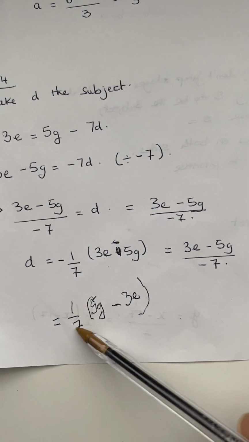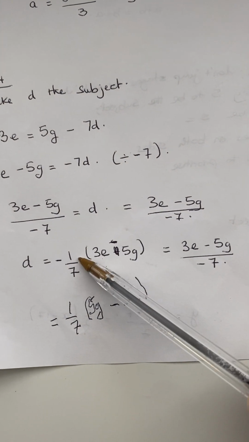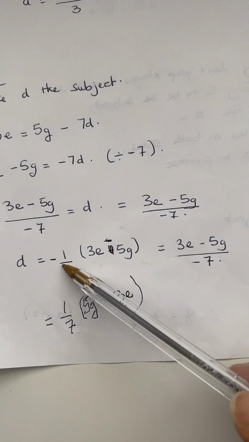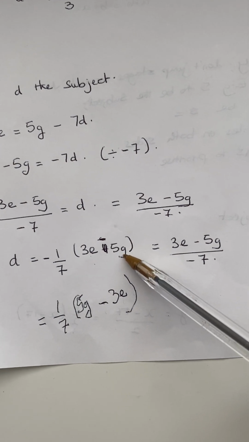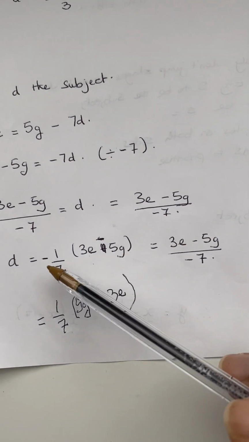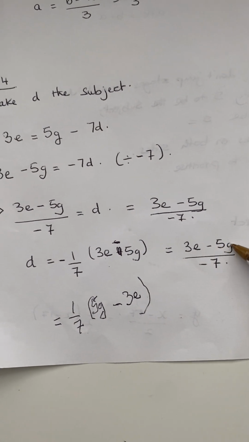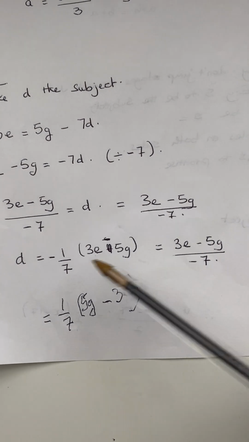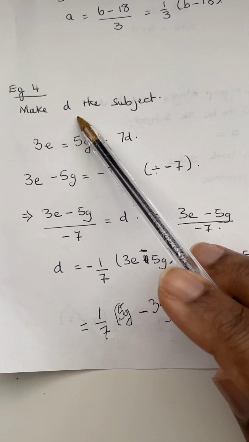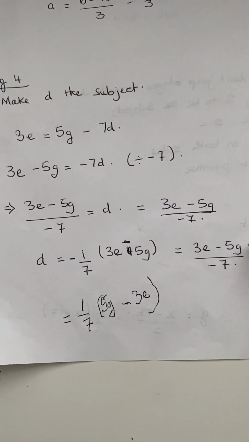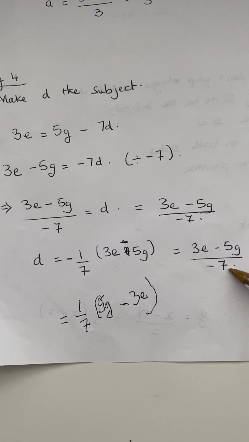But if you are not comfortable with this, for now you can leave your answer as 1 over 7, 3e minus 5g in brackets, or leave the bracket out and write 3e minus 5g over 7. So your d now, because you're making d the subject, is 3e minus 5g, all of them divided by 7.